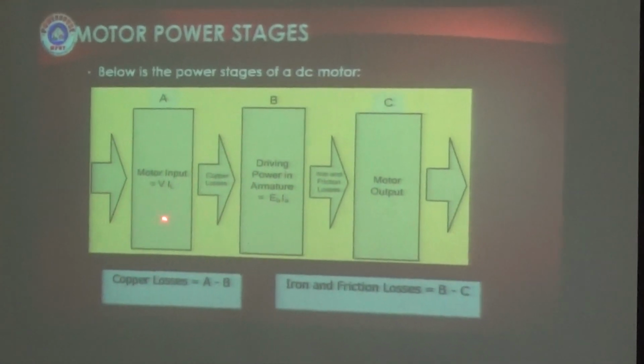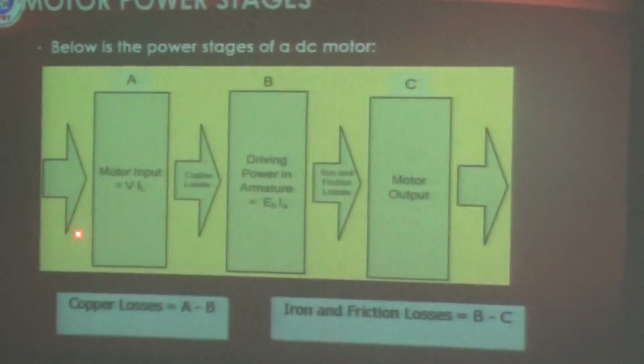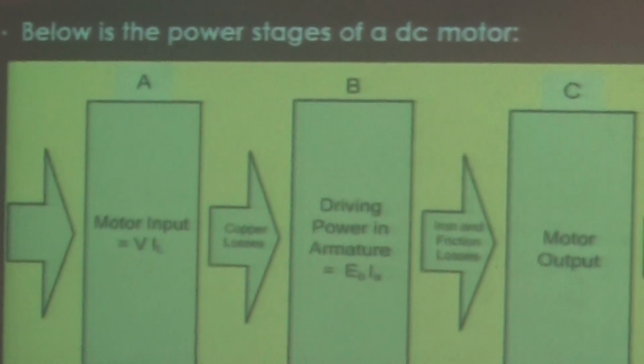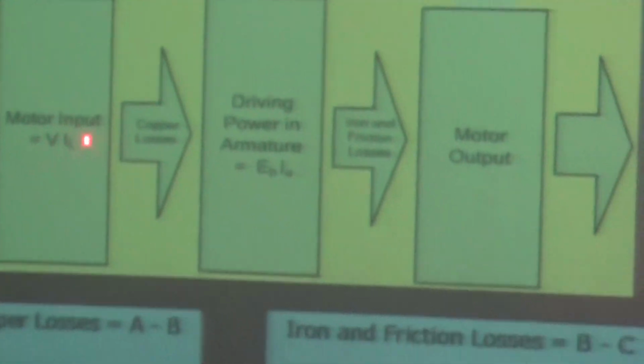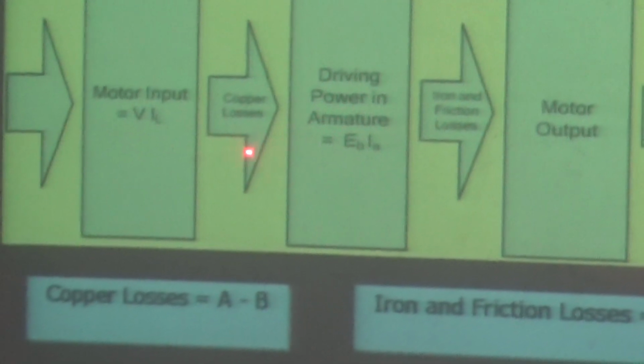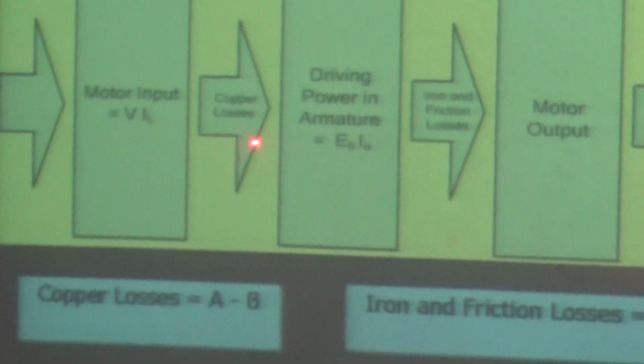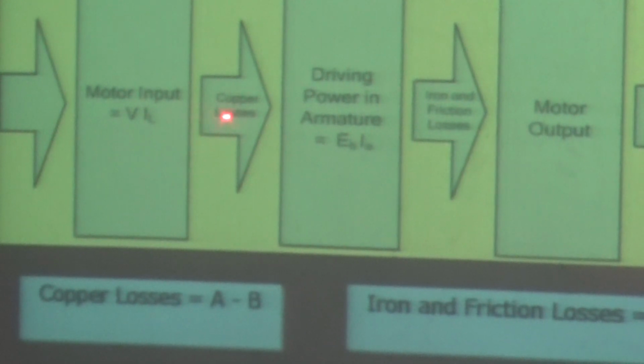So, meron ka V times I, or the line current, and the terminal voltage. Siyempre, kapag pumasok kayo sa motor, meron kang copper loss, armature losses, shunt field losses. Then, gagana yung motor dahil sa back EMF. So, yung back EMF mo, that is the driving power in the armature. That is EB times IA.